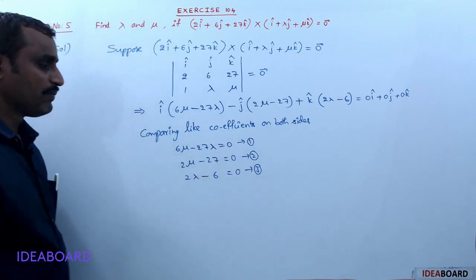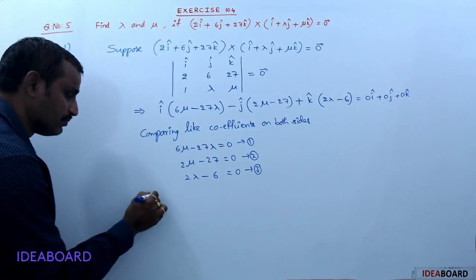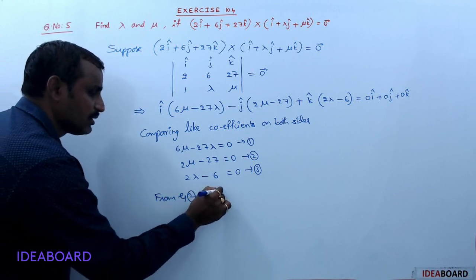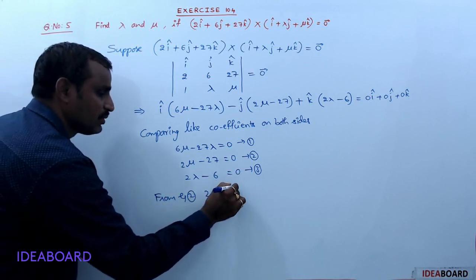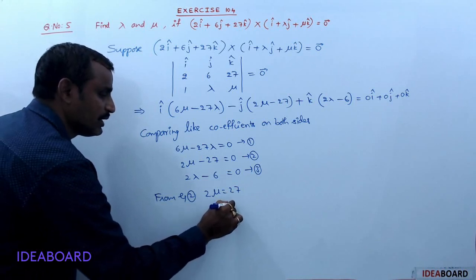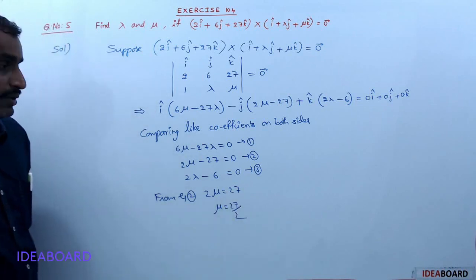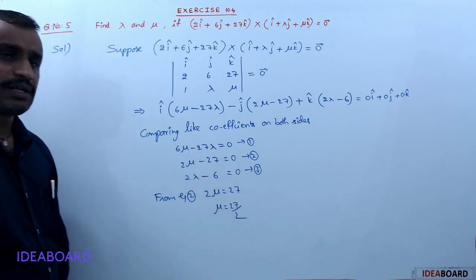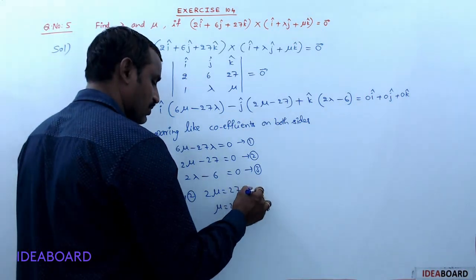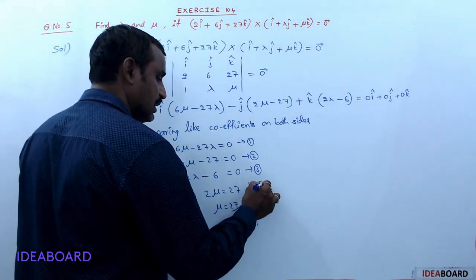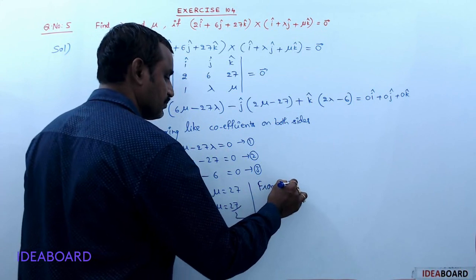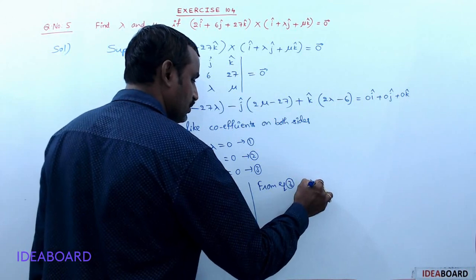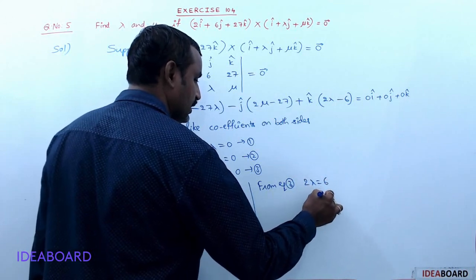From equation 2, 2 mu minus 27 is equal to 0, means 2 mu is equal to 27, mu is equal to 27 by 2. From equation 3, 2 lambda is equal to 6, lambda is equal to 3.